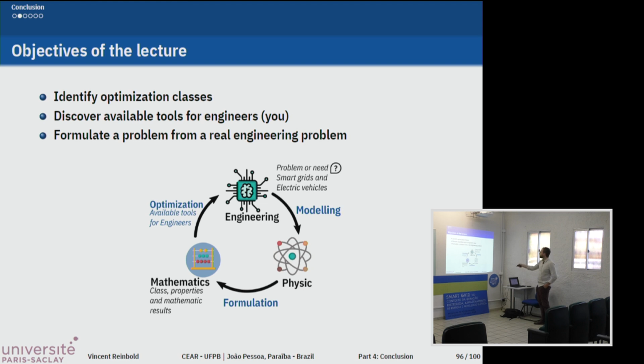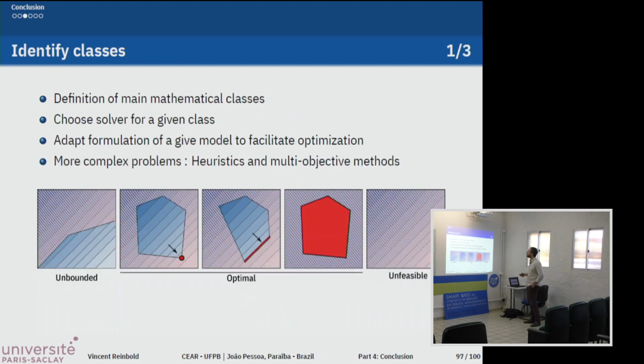From an engineering process, I can model the physics, I can formulate the optimization problems, and I can actually optimize them in a good way, an intelligent way. So the first objective was to identify the classes.